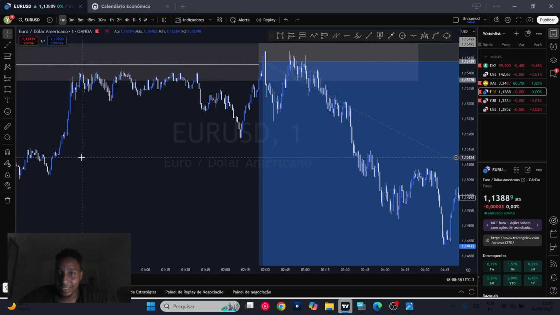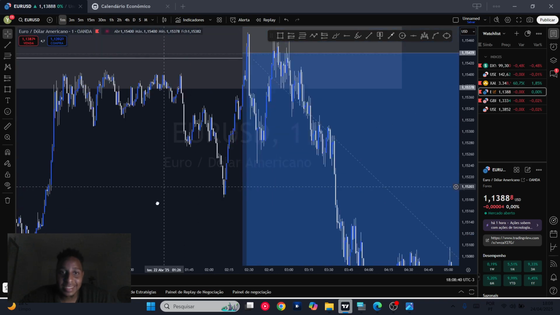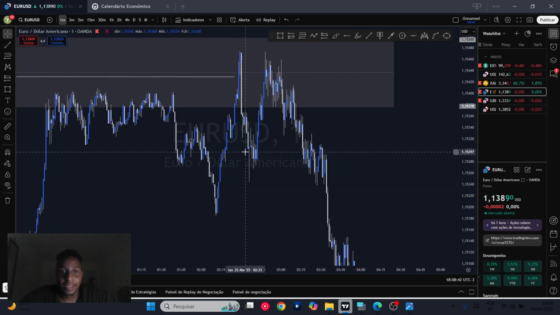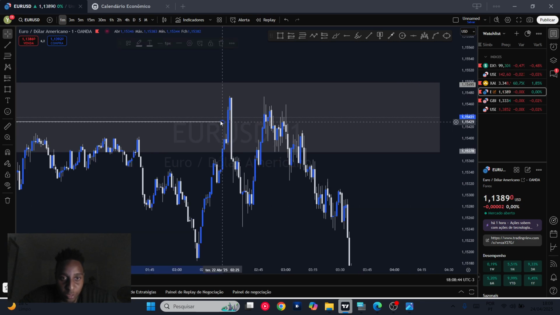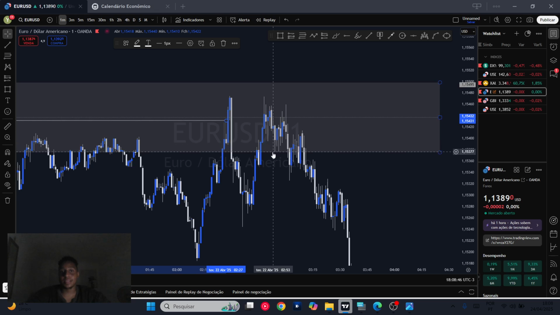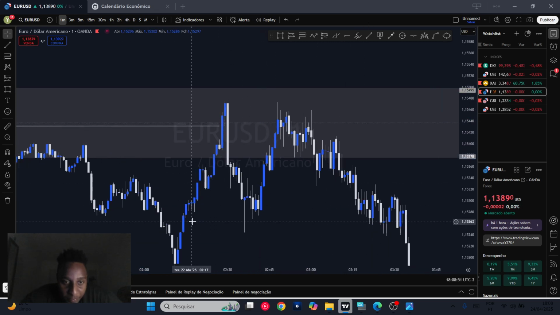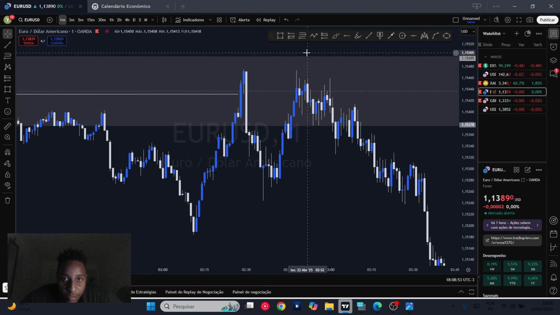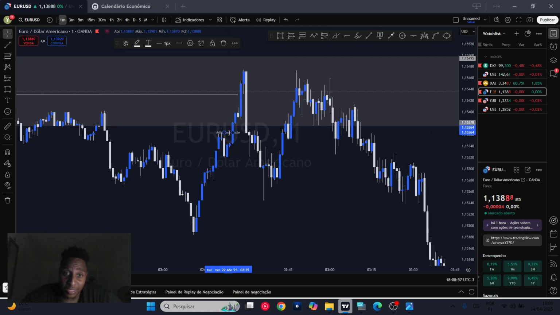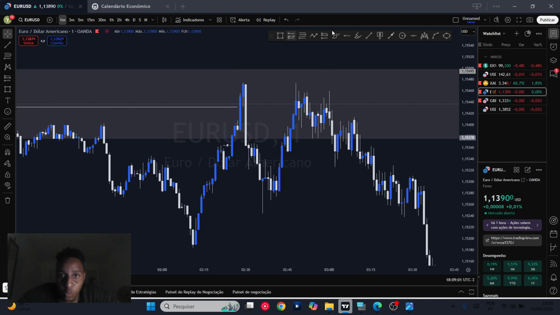Look at this. Look at this. This is perfect turtle soup. Let me delete this. So price took the liquidity. Price is on a higher time frame demand. So price came, broke structure here in the 1 minute time frame. Remember when I said to you guys that turtle soups often happen in the 1 minute time frame.